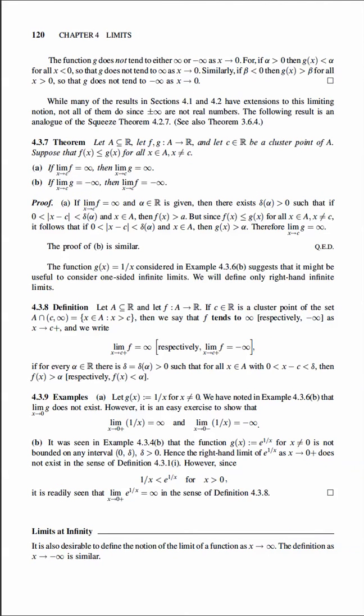Paging forward, there we go. Theorem 4.3.7 gives essentially a comparison theorem for limits that are equal to plus or minus infinity.